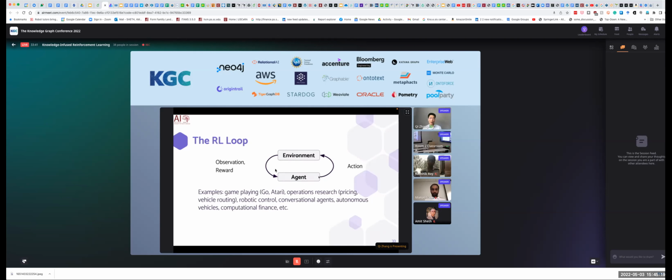This applies to all the examples I've introduced, and importantly, we are highlighting the conversational agent in this tutorial. The goal of the agent is to maximize the future reward, which means it may require sacrificing some intermediate reward to gain more long-term reward. This short-term versus long-term dilemma is one of the most challenging aspects of this problem.